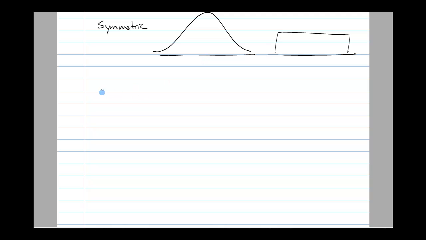Let's also talk about a left skew distribution. Another name for left skew is negative skew. Basically, the left side extends much further out than the right side. So the left side has these extreme values that extend further out.